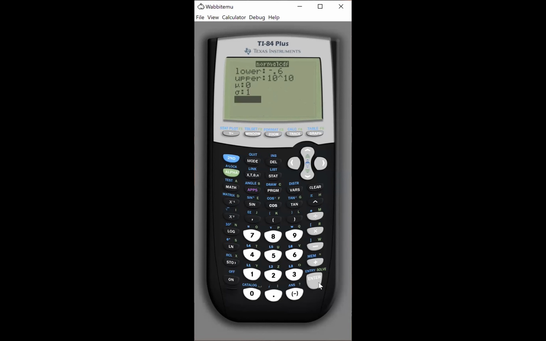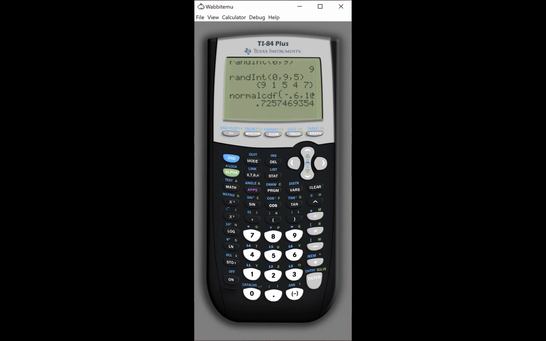And mu and sigma stay the same. So then you enter that, and you get 0.7257. And that's it for that problem. So the probability that, of a group of 16, the average is greater than 67 is equal to 72%.